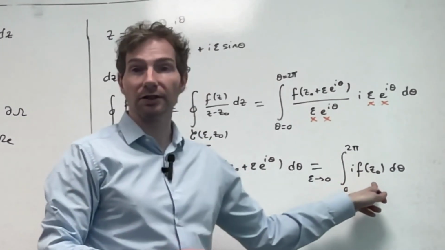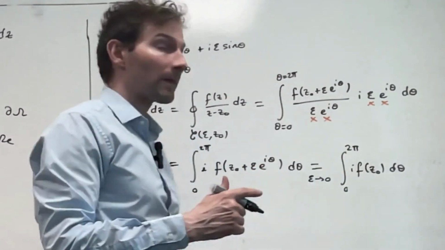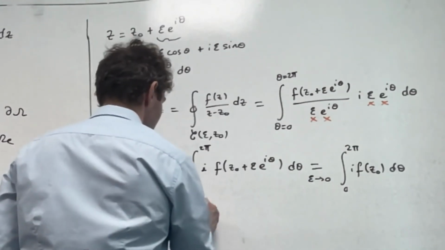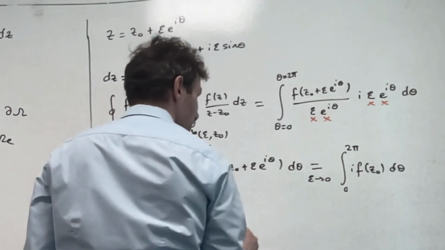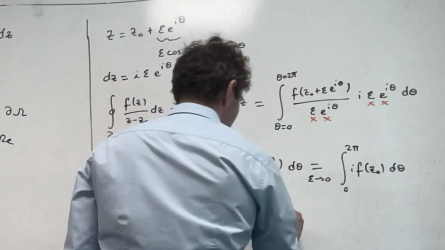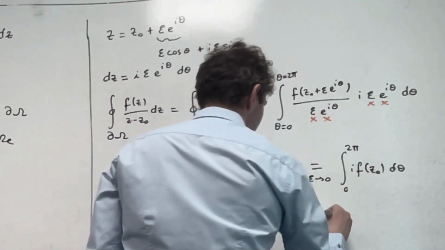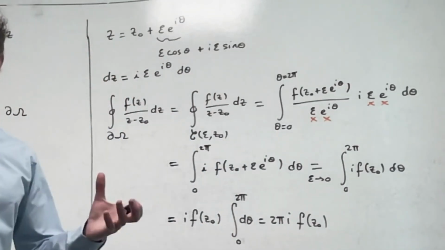This is constant, right? Because the only thing I'm integrating over now is theta. So what I end up with is I times f of z0, and then integral from 0 to 2 pi, and then d theta. And that's 2 pi I, and then f of z0. Okay, and basically that's it.